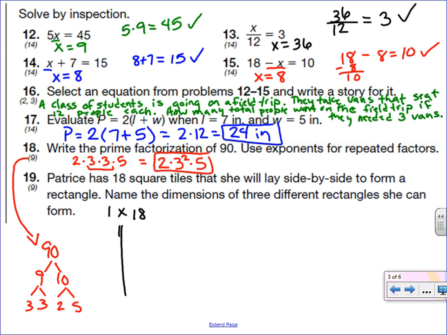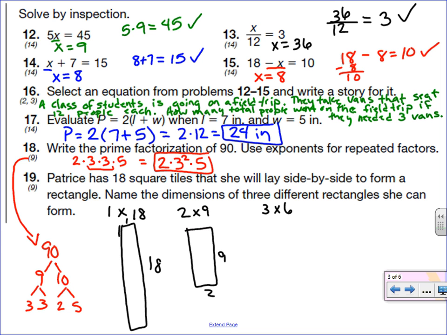So she could have a big long rectangle that is 1 tile by 18 tiles long. She could have a rectangle that is 2 by 9 tiles long. Or she could have a rectangle that is 3 by 6 tiles.